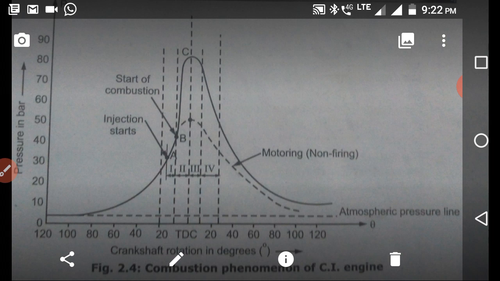Prior to this there is the ignition delay period, and after the molecules start burning at different locations, uncontrolled combustion occurs and they attain the peak pressure. After that controlled combustion occurs, and after controlled combustion, whatever unburned fuel is there starts burning, and that stage we call the after burning stage. These four stages are there in the combustion of a CI engine.